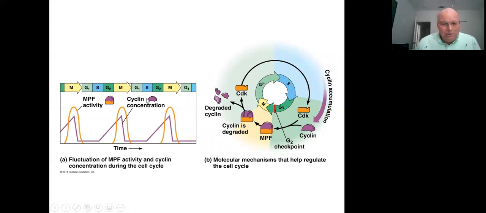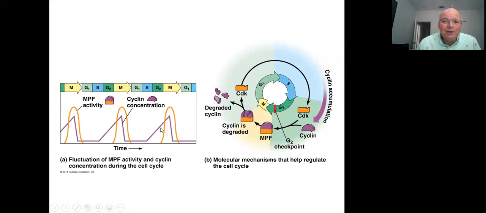So just because you've got cyclin present and just because the cyclin is now binding to the kinase does not automatically mean that the MPF activity is going to begin or that mitosis is going to begin. The MPF concentration has to reach a certain threshold level before it will trigger the beginning of mitosis.